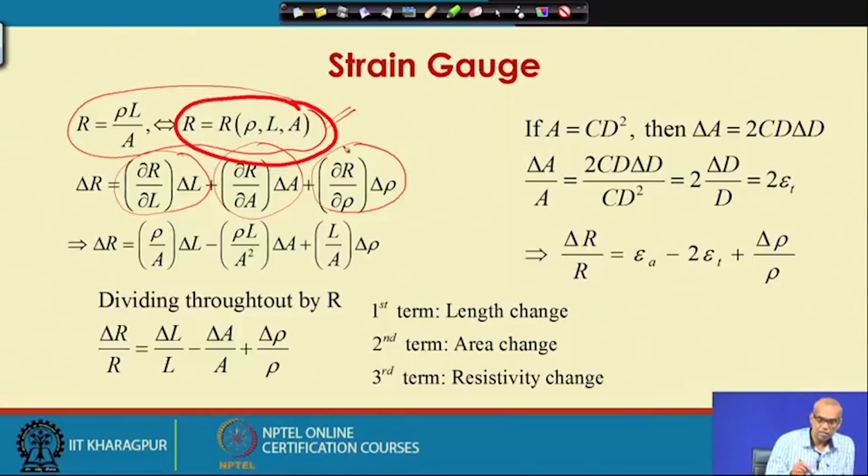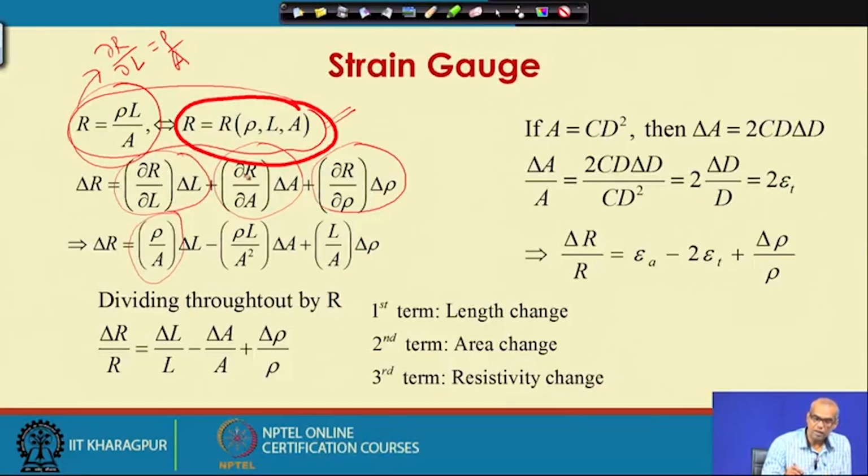If you take the derivatives using this functional relationship, delta R by delta L is rho by A. So, that is what I have put, rho by A here.